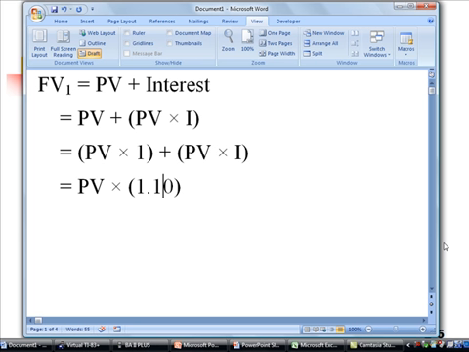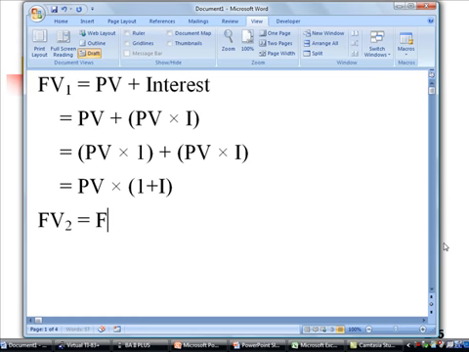Okay, so we've figured this out for our example. I want to go ahead at this point and change the formula back to 1 plus I. Alright, so we've got the future value after 1 period is just the present value times 1 plus I. Well, what would the future value after 2 periods be?